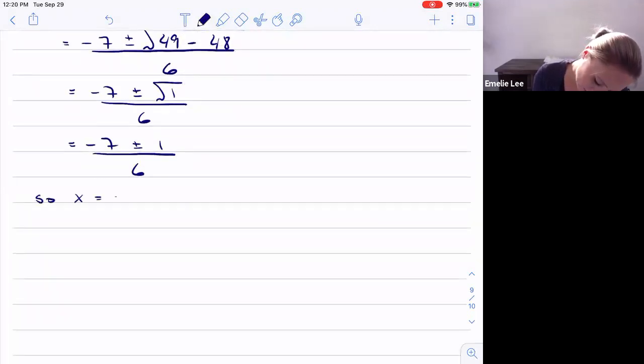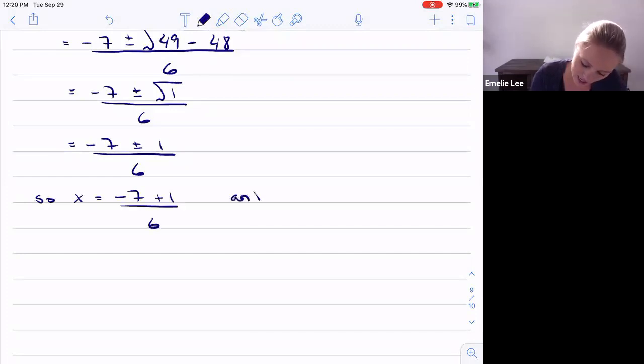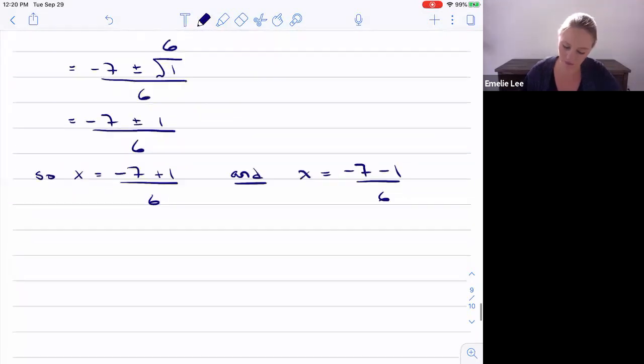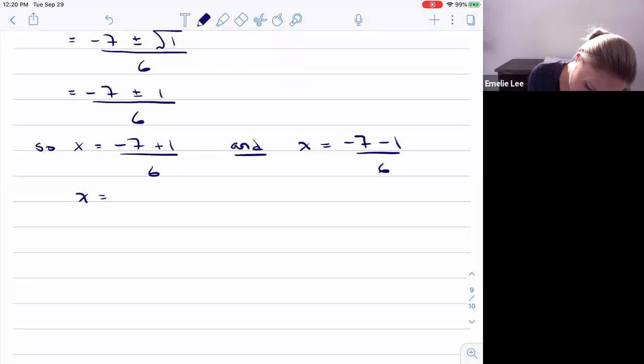So x equals negative 7 plus 1 divided by 6, and x equals negative 7 minus 1 divided by 6. So I can simplify this. x is negative 7 plus 1.